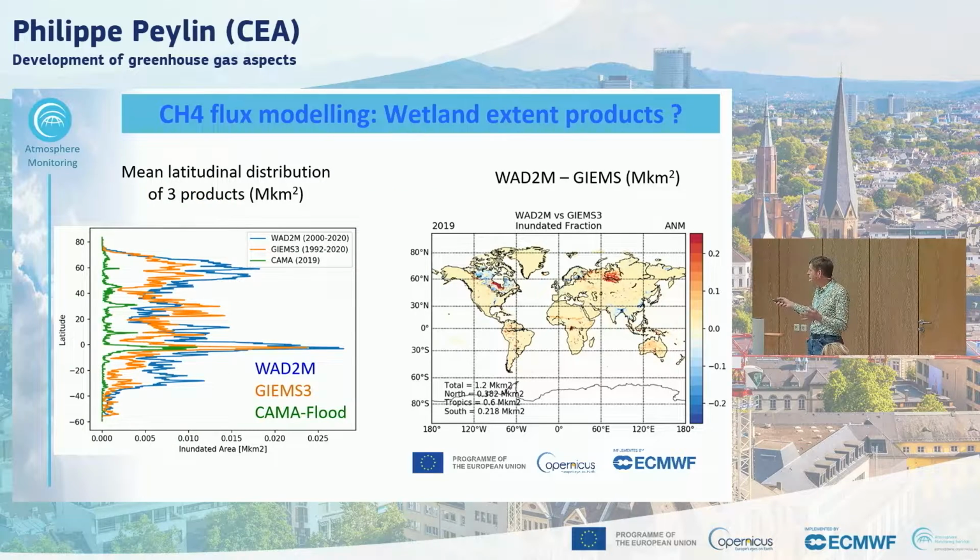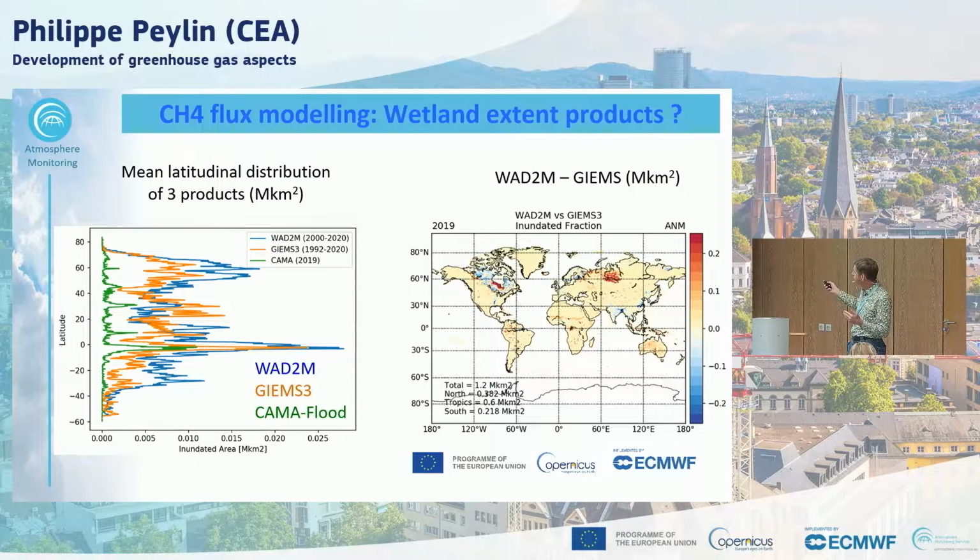So I browsed briefly through different types of analysis, the latitudinal distributions on the left, and we see that although they resemble each other, one key difference is in the northern high latitudes, around 60 degrees north, where WAD2M has much more wetland extent. This is debated, there is no ground truth. On top of that, it's not because you have a wetland area that it will emit a lot of carbon. If it's a big lake, like Lake Baikal in the central part, it doesn't have carbon to emit. So we are continuing to investigate these differences.